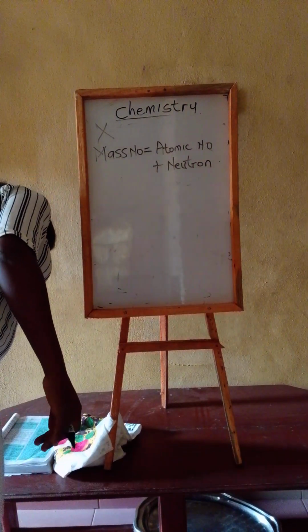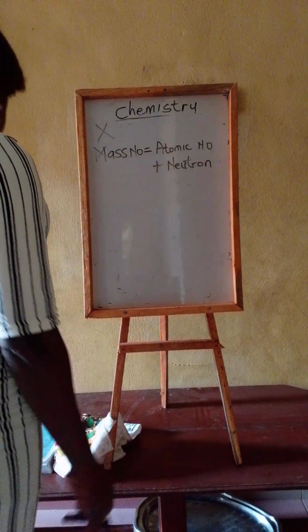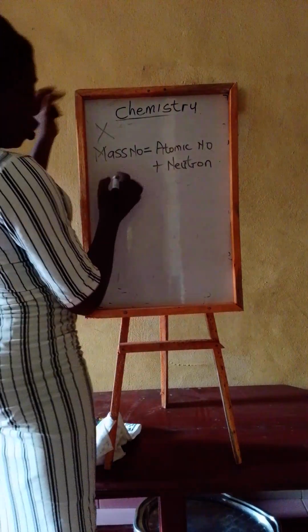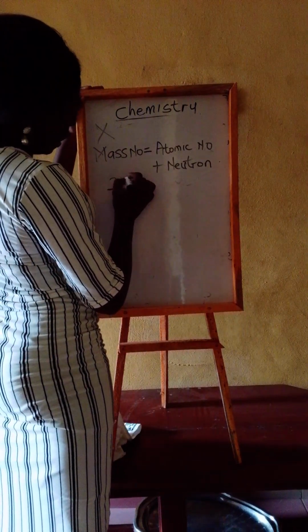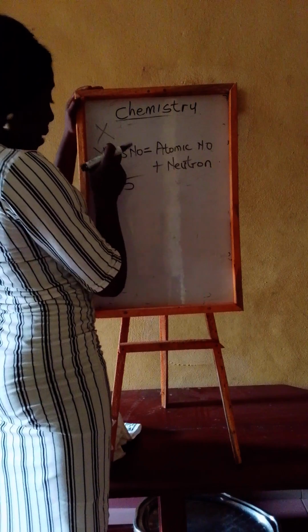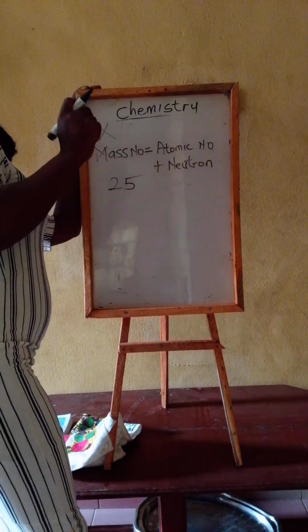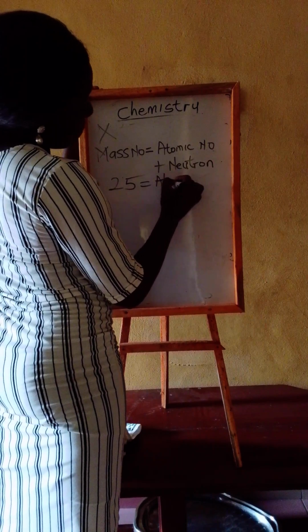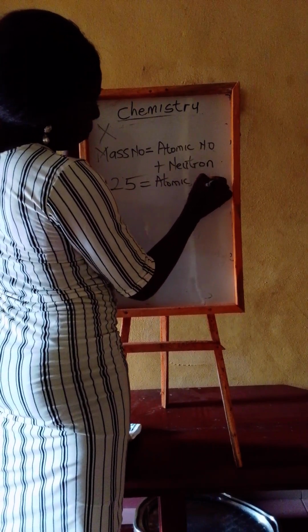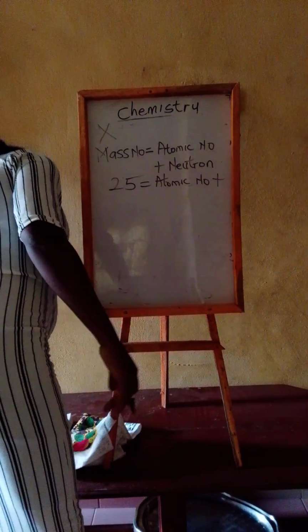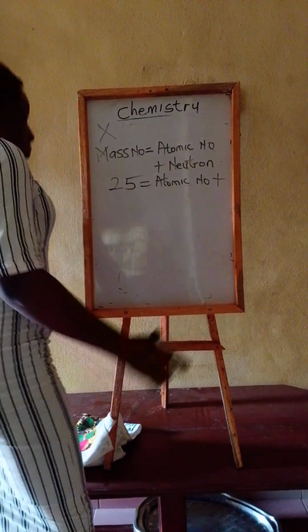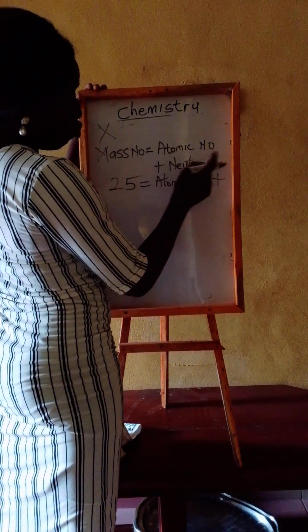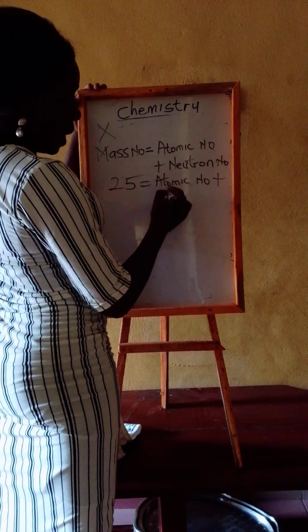Now, what's the atomic number? Sorry, the mass number is 25. So, mass number equals atomic number plus what? Plus number of neutron.